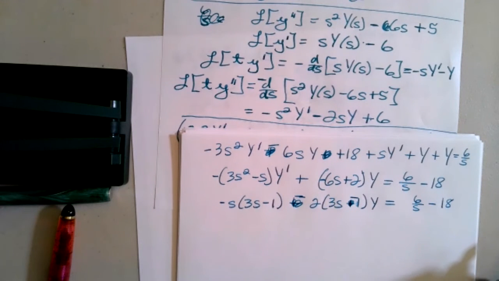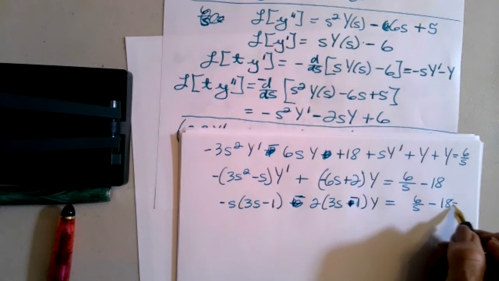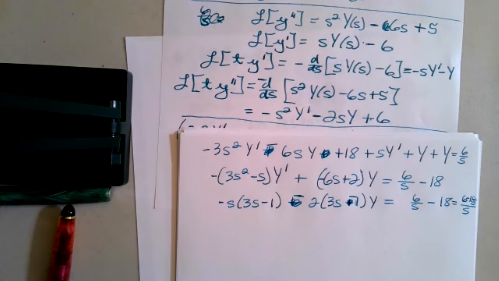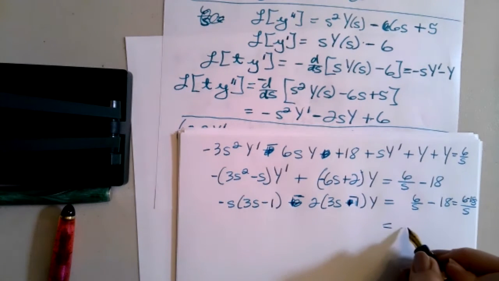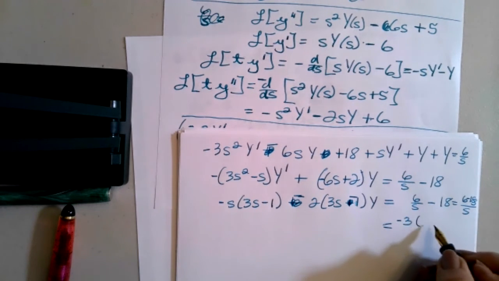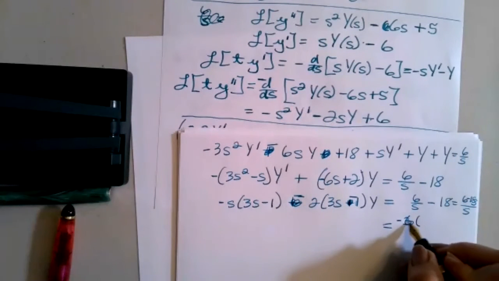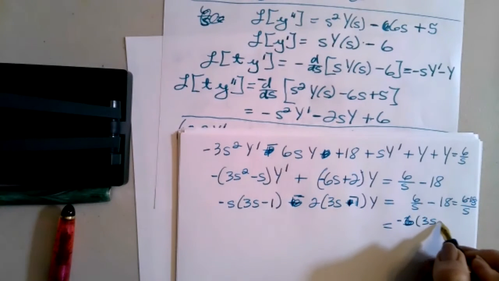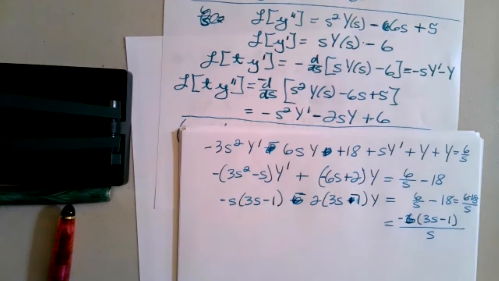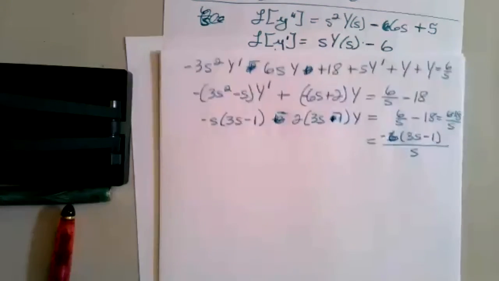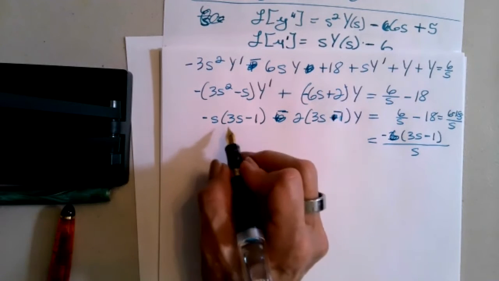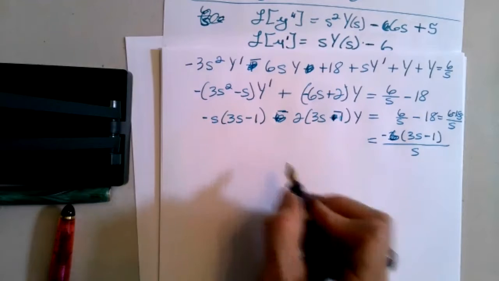Okay, and so let me write that as 6 minus 18s over s, which I can also write as minus 6 times 3s minus 1, over s. And now I'm going to divide by minus s times 3s minus 1.